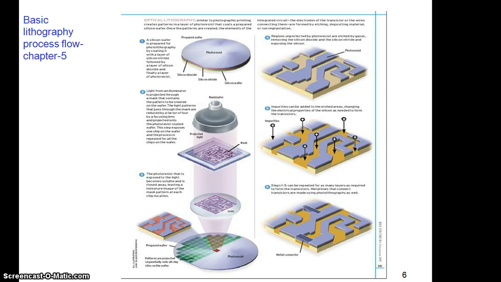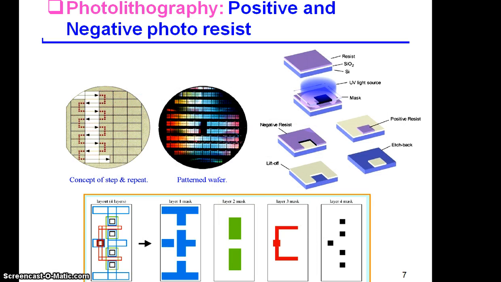This is the process flow. First of all, we fabricate a mask, which is also a step of photolithography. Then there are several steps. Preparation of the photoresist by spin coating, then transfer of the UV to the actual wafer.